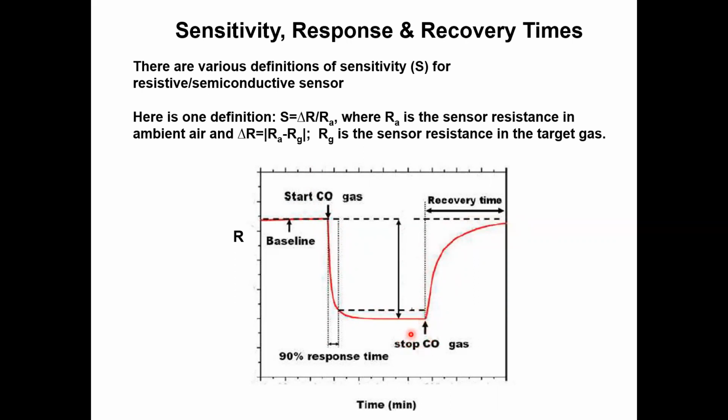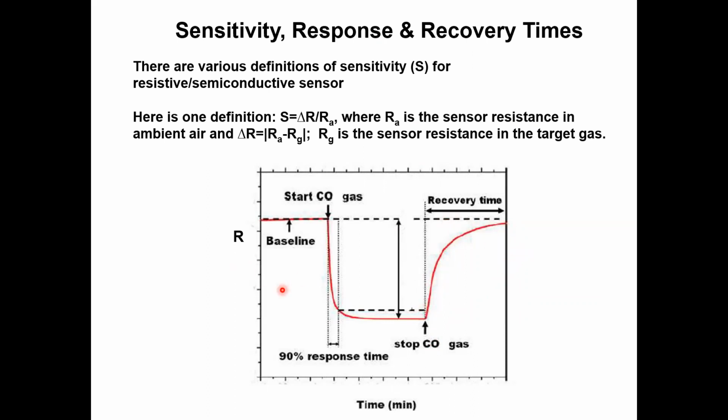Remember, when you stop CO, the electron that was injected by reacting with CO has to come back all the way to the surface for desorption, or for reversing the reaction. And there is some delay in conduction of that electron back to the surface. That's why recovery is typically sluggish.